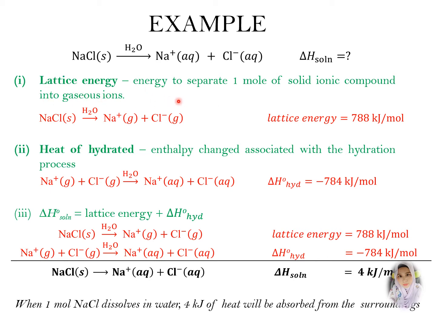First is the separation of the crystal state into a gas state, which involves the lattice energy. Lattice energy is the energy required to completely separate 1 mole of a solid ionic compound into gaseous ions. In other words, we need to supply 788 kilojoules of energy to break 1 mole of solid NaCl into 1 mole of sodium and chloride ions.